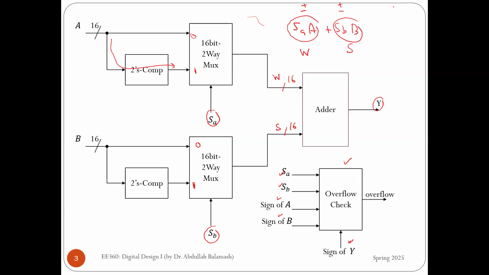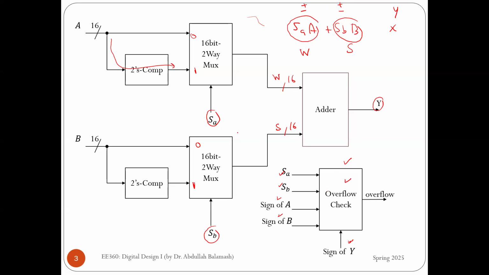And at the same time, the sign of Y should be different than these two signs. So if these are positive, this must be negative. If these two signs are negative, this must be positive. And we'll see the details when we build this module.